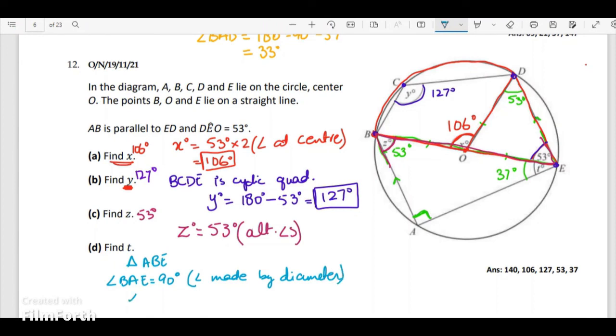Therefore angle T would be equal to 180, take away 90, take away 53. The answer is 37 degrees.